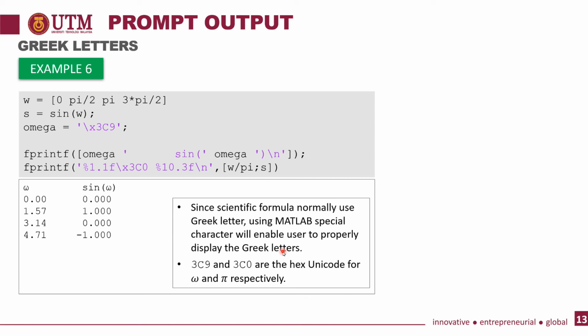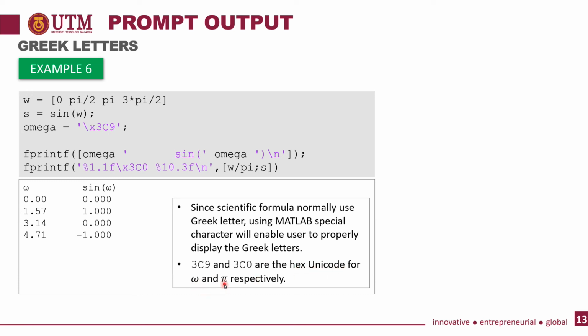So in order to initialize those symbols, you need to use Greek letters. MATLAB has already initialized some of the Greek letters, but you need to initialize them using the hexadecimal number, so you need to refer to the MATLAB documentation for that. 3C9 and 3C0 are the hexadecimal Unicode for omega and pi respectively.